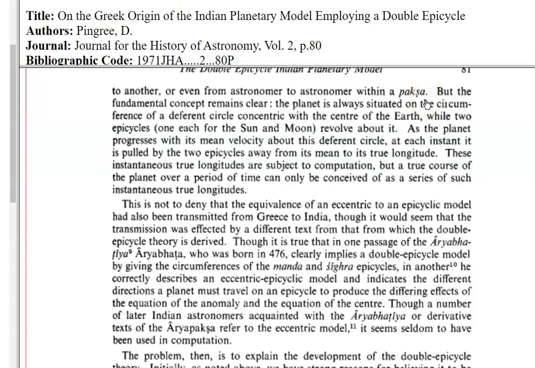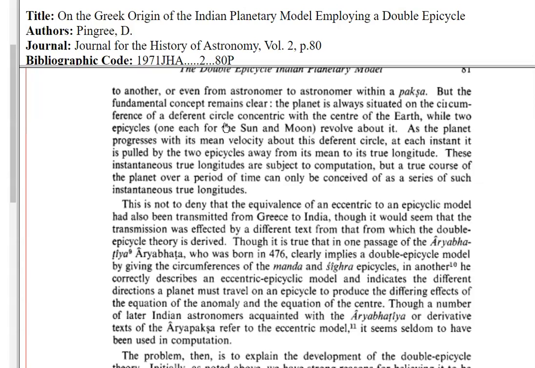You know, they had the Audya Paksha and Brahma Paksha, two basic groups that were arguing. And Brahmagupta belonged to the Brahma Paksha, and he was seriously criticizing Aryabhata on Aryabhata's ideas, which I might get into later on. But the fundamental concept remains clear.